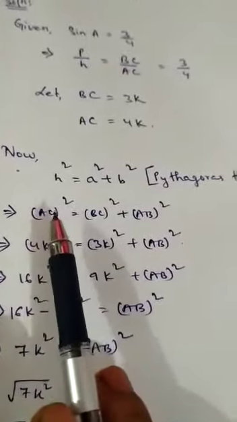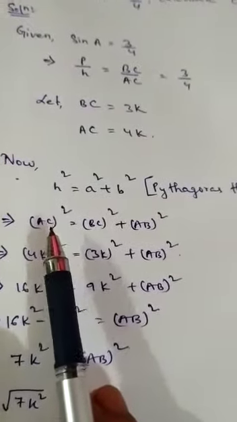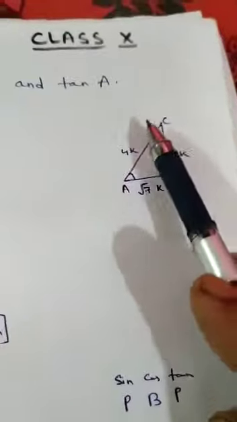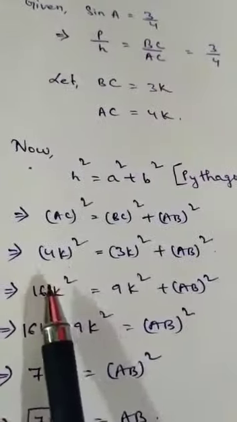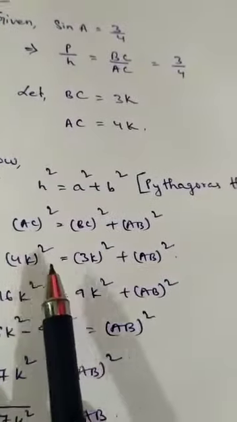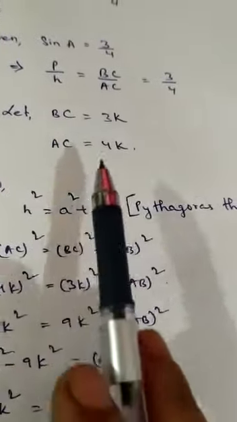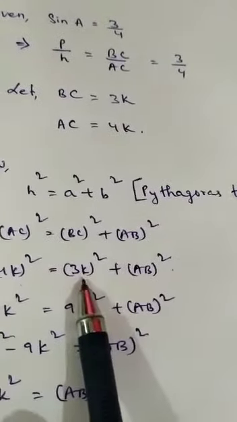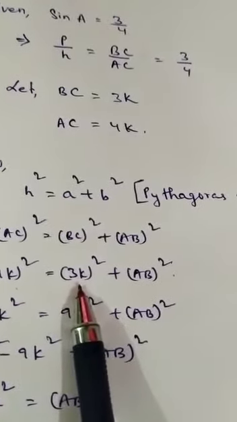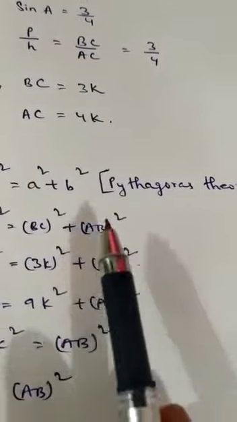Now I have substituted the value. The value of AC is 4k, so I have written 4k whole square. The value of BC is 3k, so I have substituted BC as 3k, whole square, plus AB square.